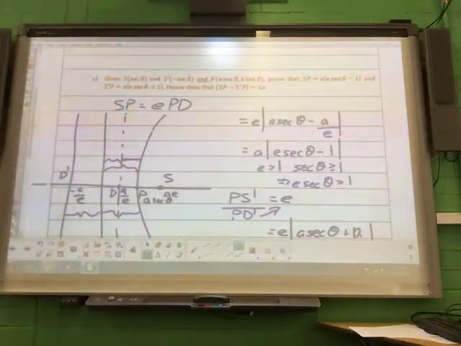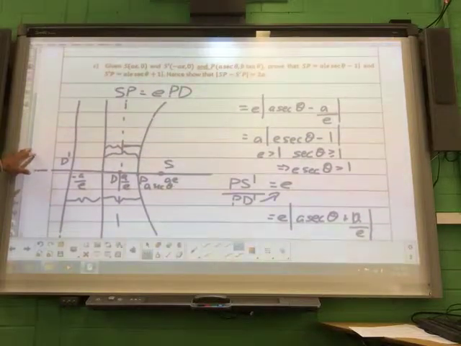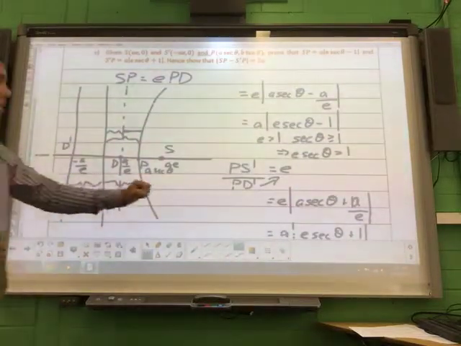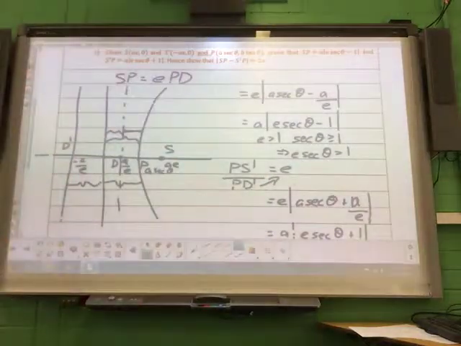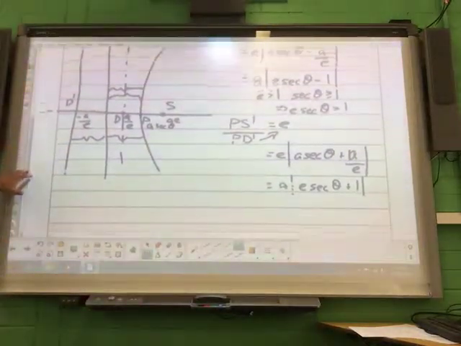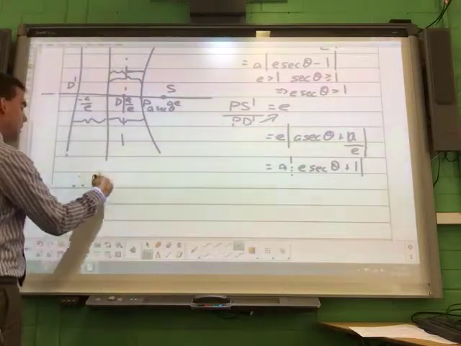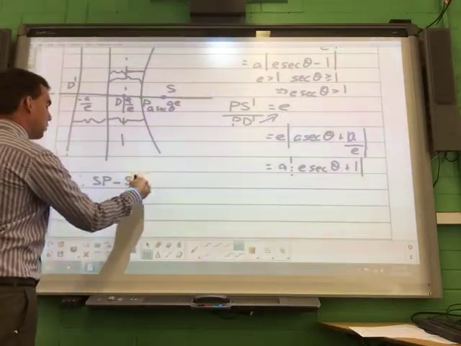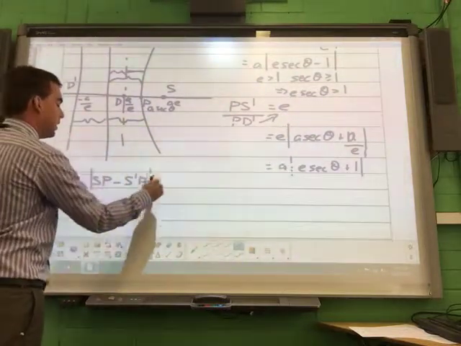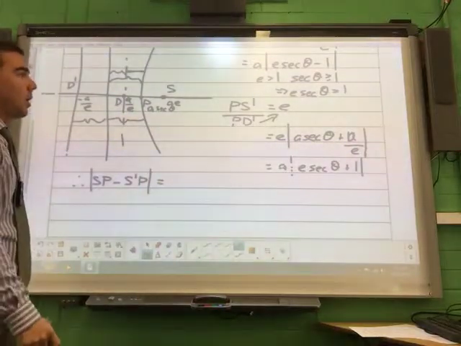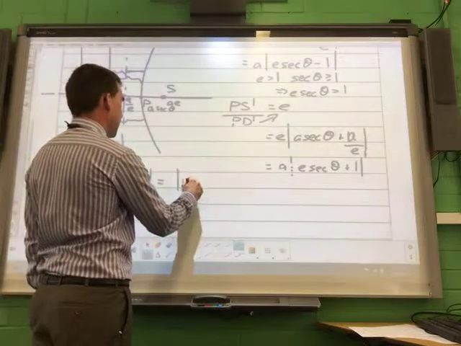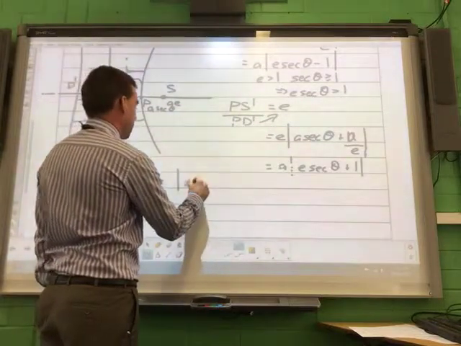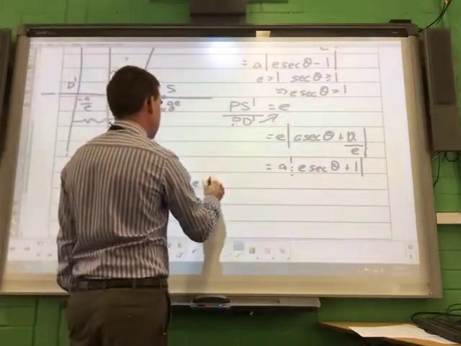Now I need to hence show that the absolute value of SP, take away S prime P, is 2A. So we're really doing that, take away that. Therefore SP, take away S prime P, the absolute value, is going to be the absolute value of A, and I'm going to expand back in.